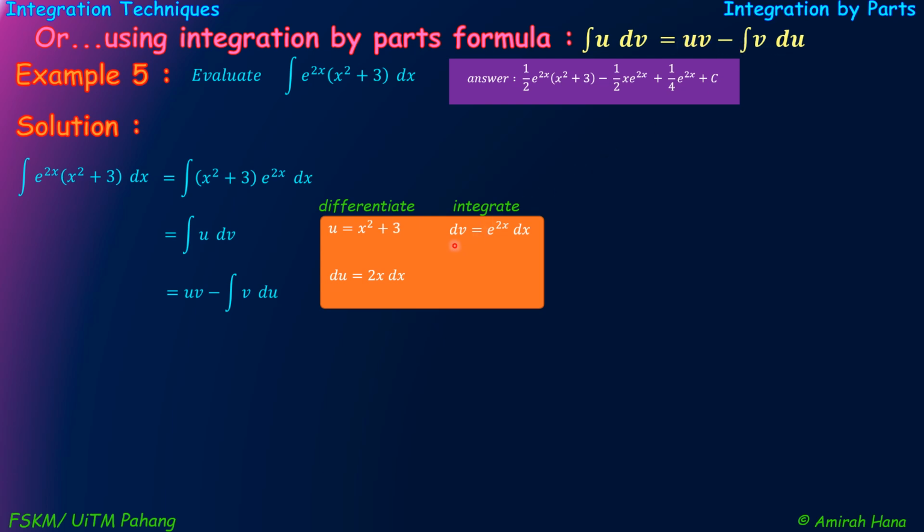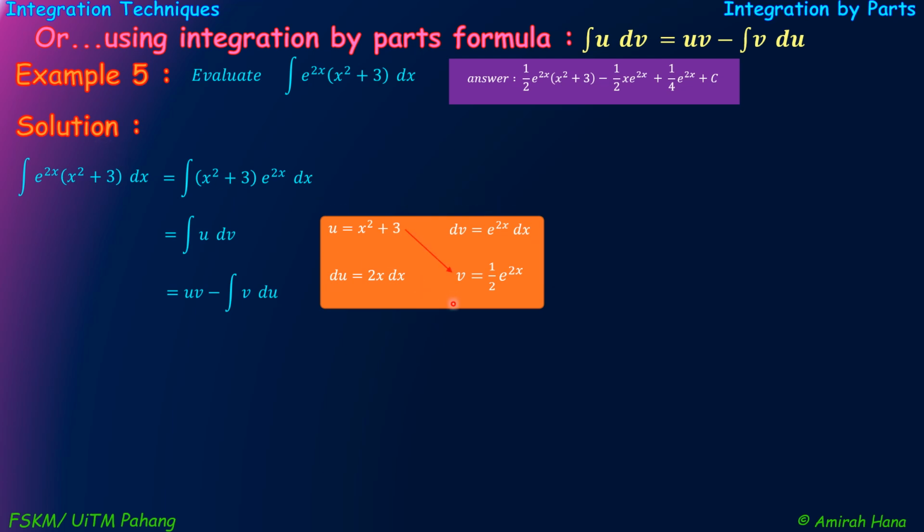And from dv, we need to find v. We need to integrate. So when we integrate e to x dx, the answer equals half e to x. We use this formula, where our a equals 2, so that's why we get half e to x. Plus c, but there is no need to write plus c because we have not completed our solution.